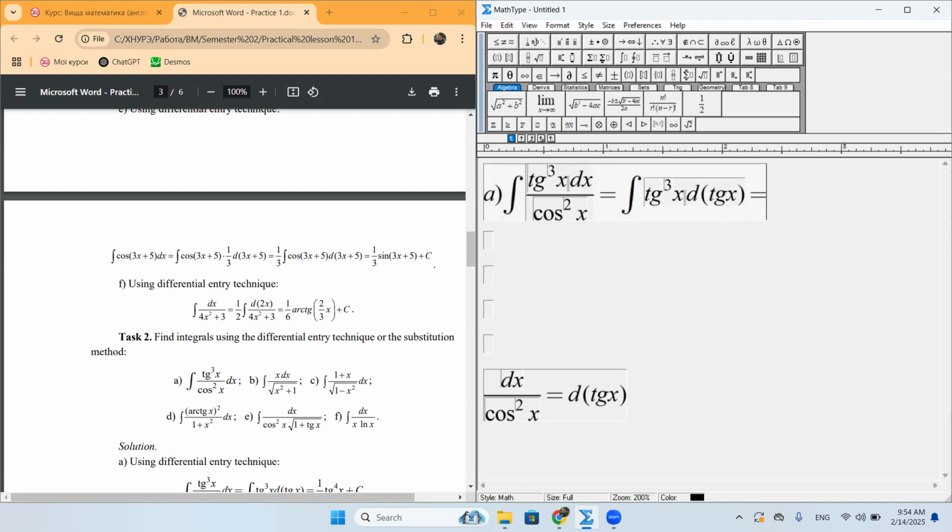So we just integrate a power function. We don't have to expand tangent like sine cubed over cosine cubed. With the differential entry technique, we just transform it to a power function, and it is much easier. So, any questions about this task?